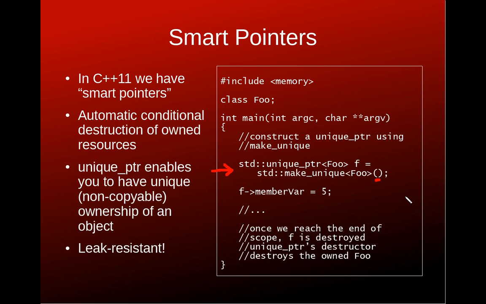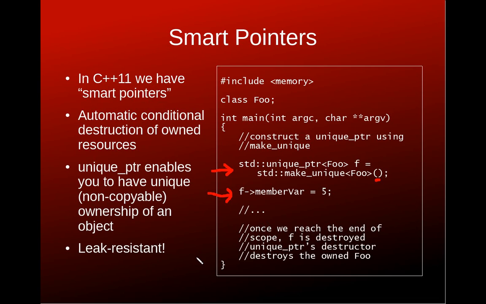Okay, and you can use unique pointer's constructor directly, but unique pointer's constructor requires a pointer, which you get from invoking new. So you use unique pointer just like you use a regular pointer. You can use the arrow operator to access member variables and member functions.